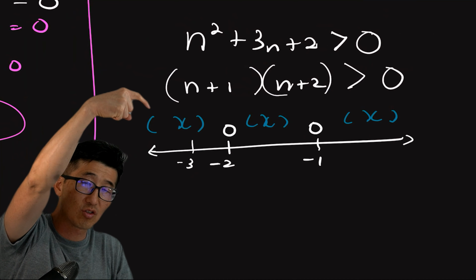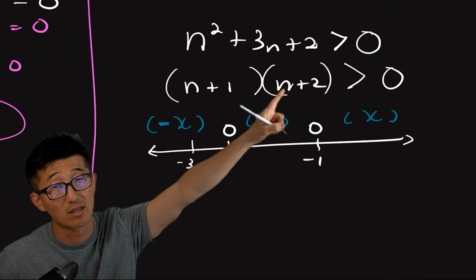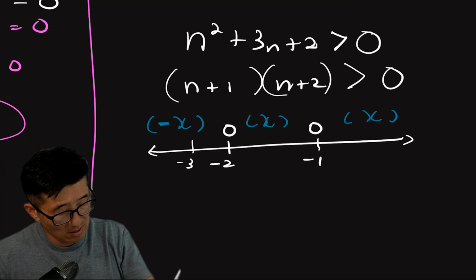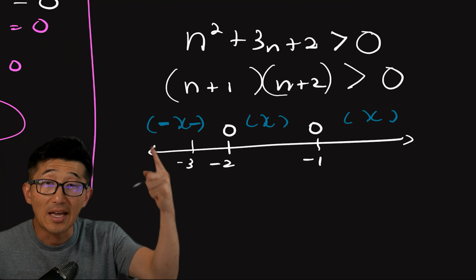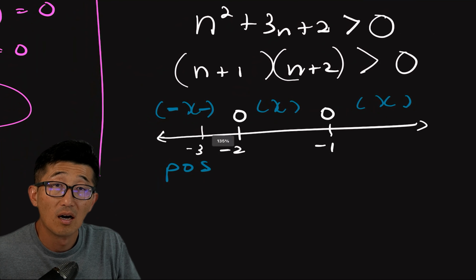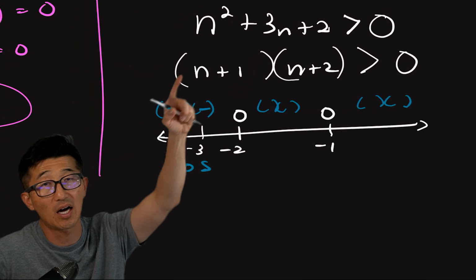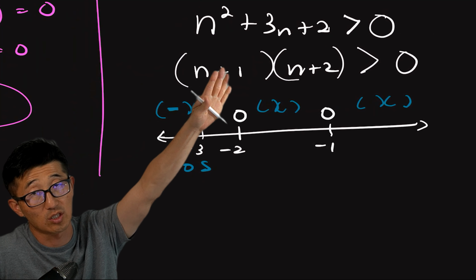Plug in -3 into the first one, you get a negative. If you plug in -3 right here, you get another negative. Negative times negative will turn this into a positive. So every number less than -2 will create a positive result for that equation.